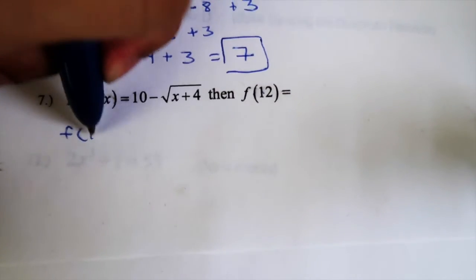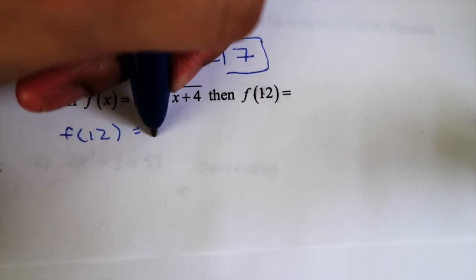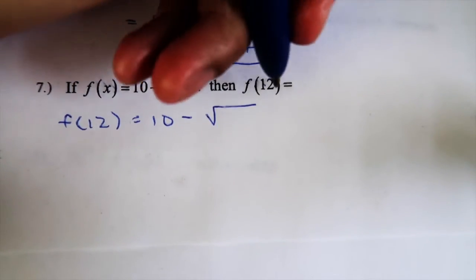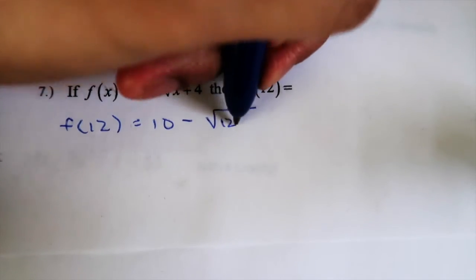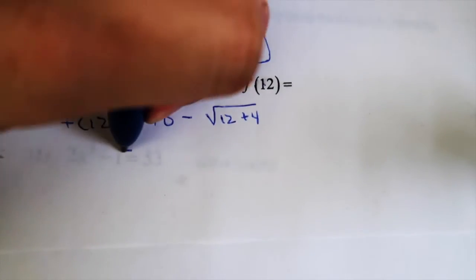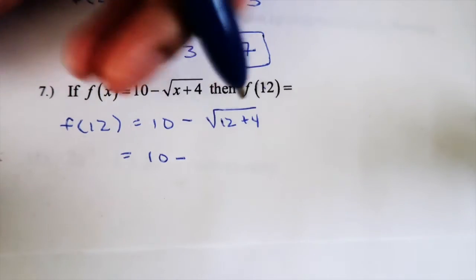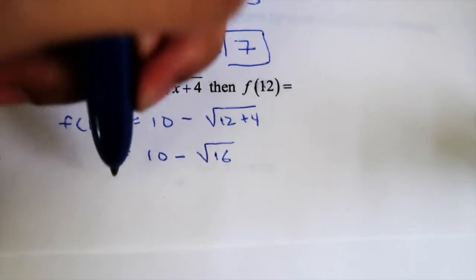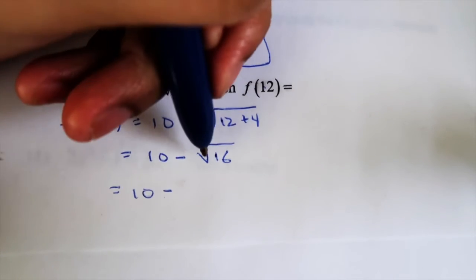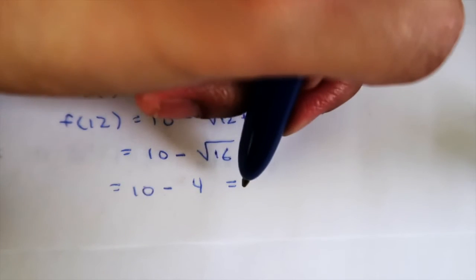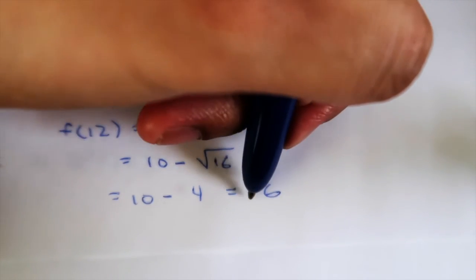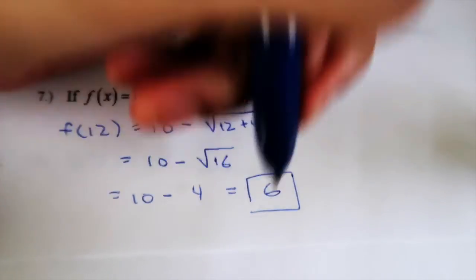So f of 12 equals 10 minus square root of 12 plus 4. 12 plus 4 is 16. The square root of 16 is 4. So 10 minus 4 equals 6. That's our final answer.